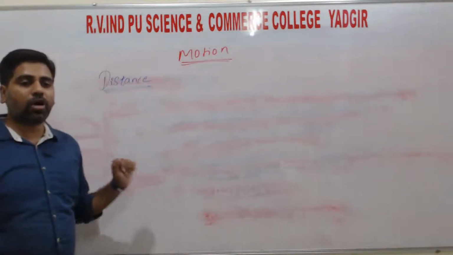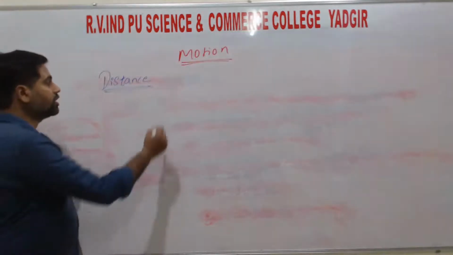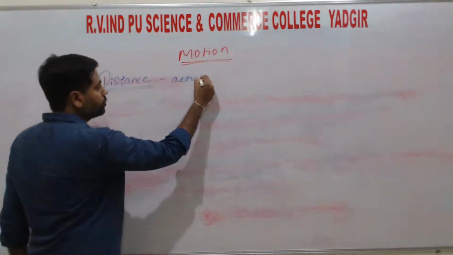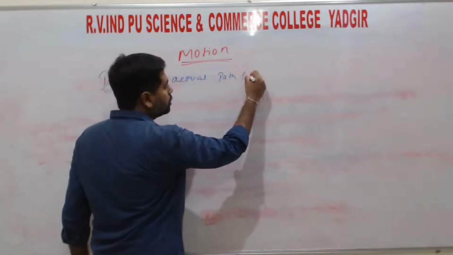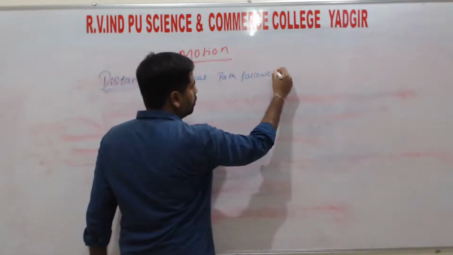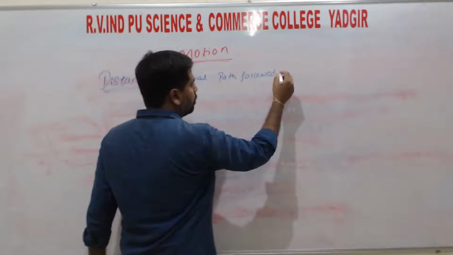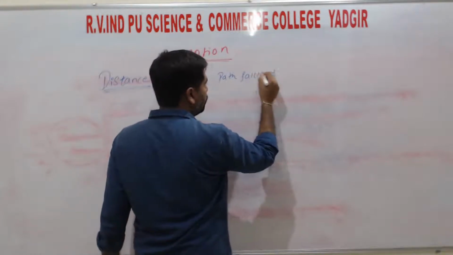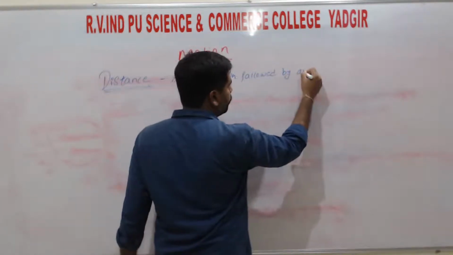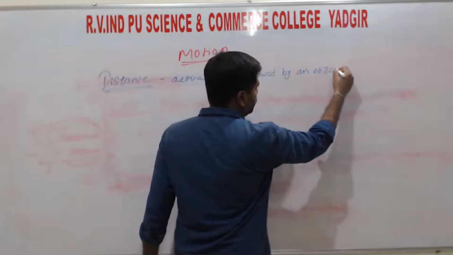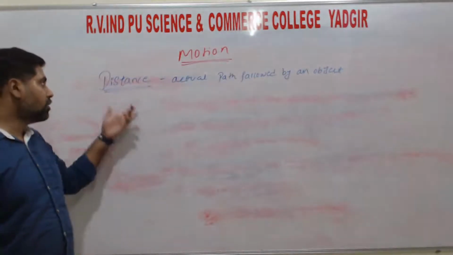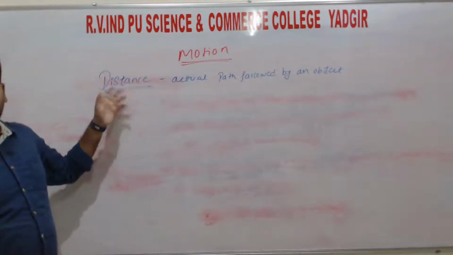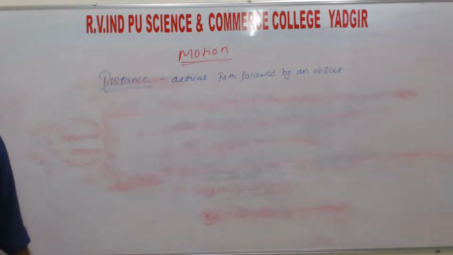That is the actual path followed by an object in a straight line, right? So that one we call the distance. So distance is nothing but the actual path traveled by an object between any two points, right?